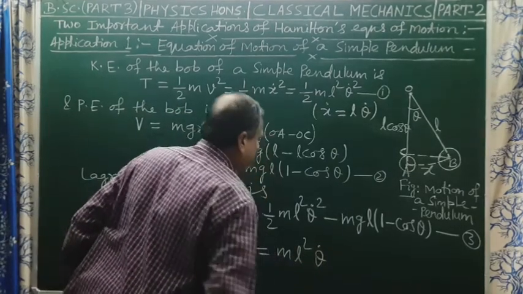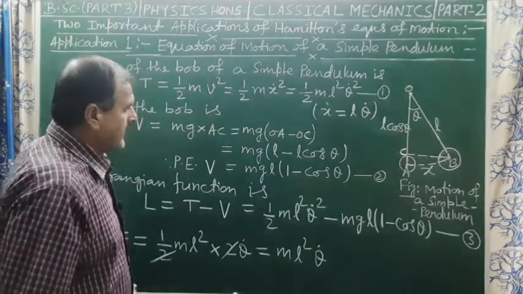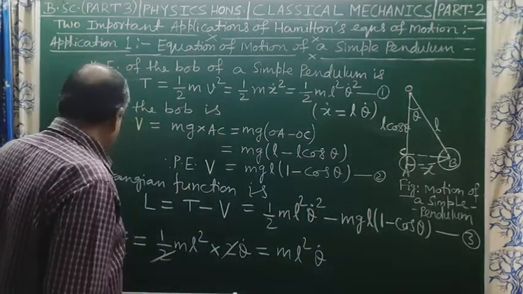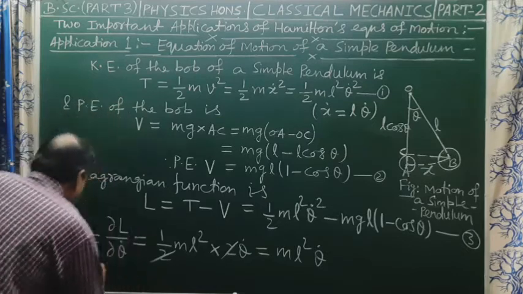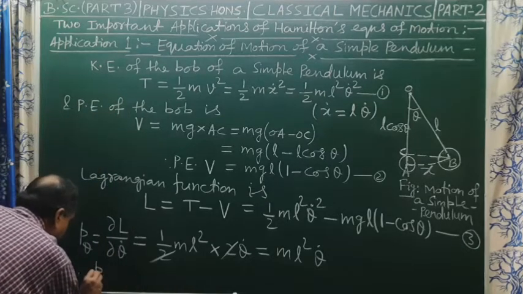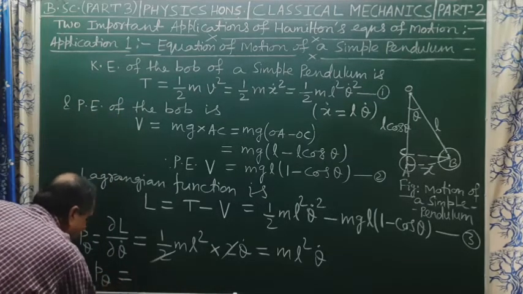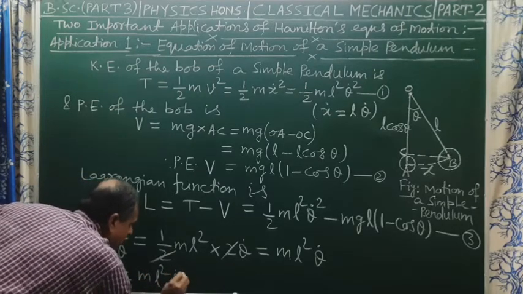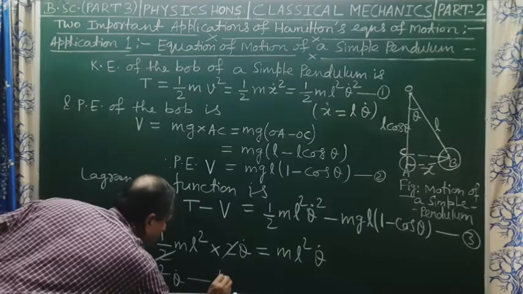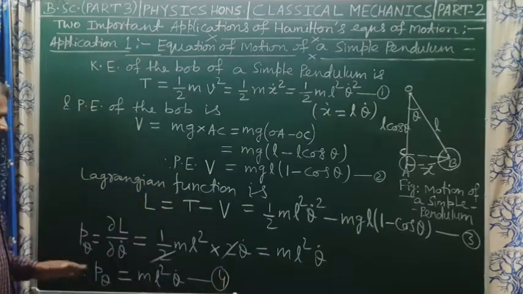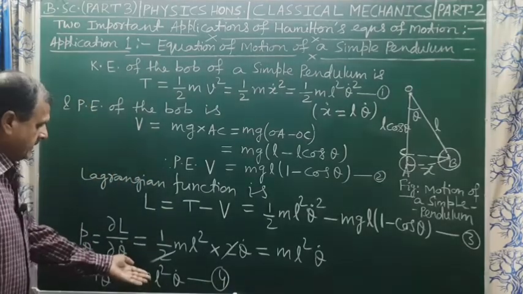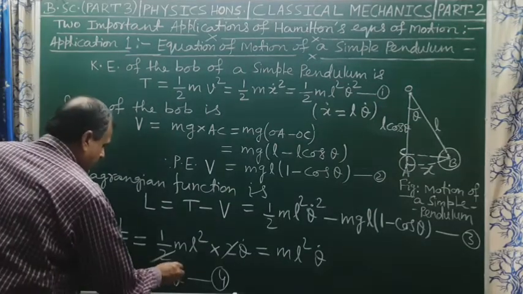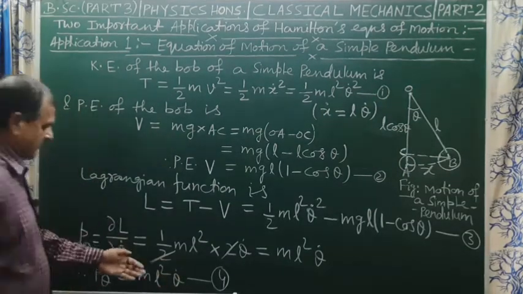Theta dot is d theta by dt, the angular velocity of the bob. So p theta, which is momentum, is mL square theta dot, and this is equation number 4. From this equation we can obtain theta dot, which is p theta upon mL square.